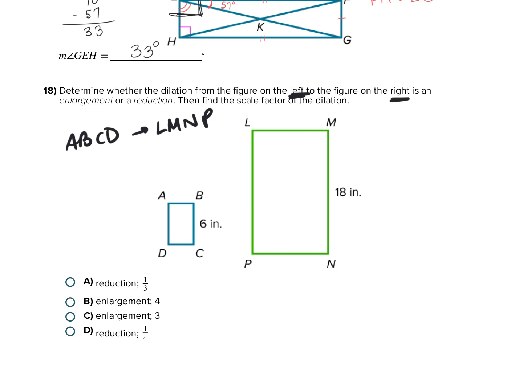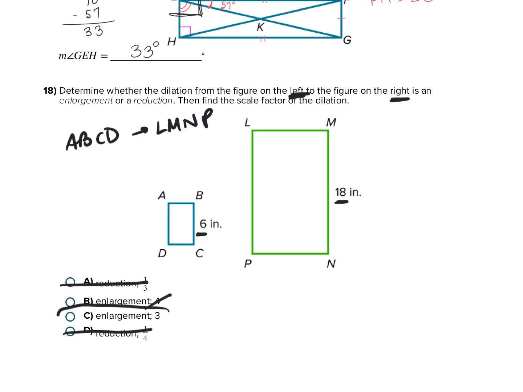Okay. So we can cross out A and D. And if we look at the two side lengths, what number times 6 will give me 18? 4 times 6 is 24, so that's not it.